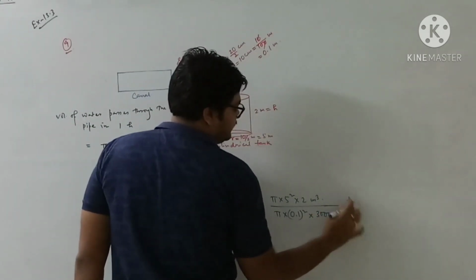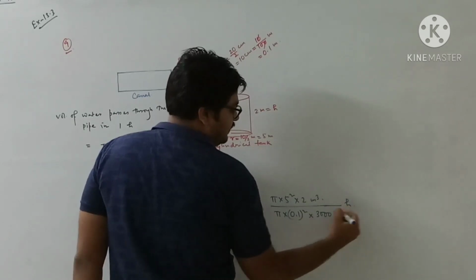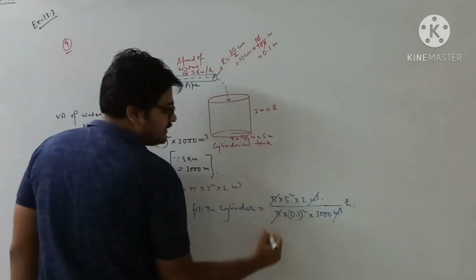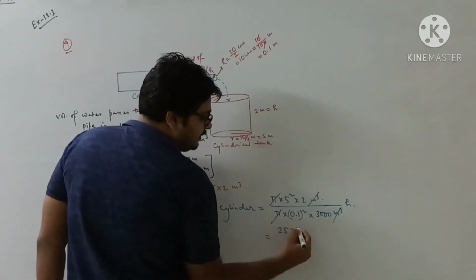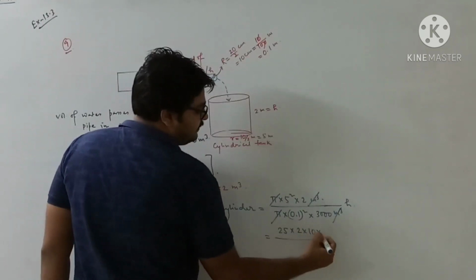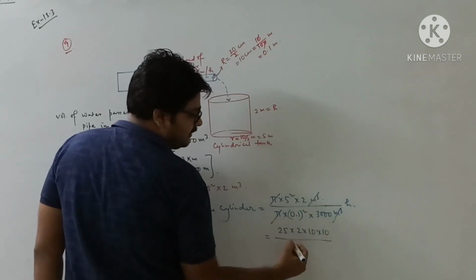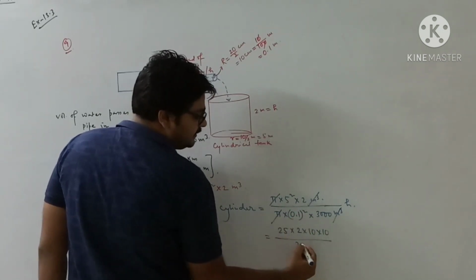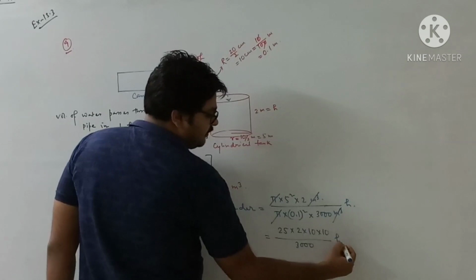That much hour. Meter cube will be cancelled, pi will be cancelled. So 25 into 2. The decimal point will go upside as 10. Square is there, so that's why I have written twice. 1 square no need to write. This much hour.